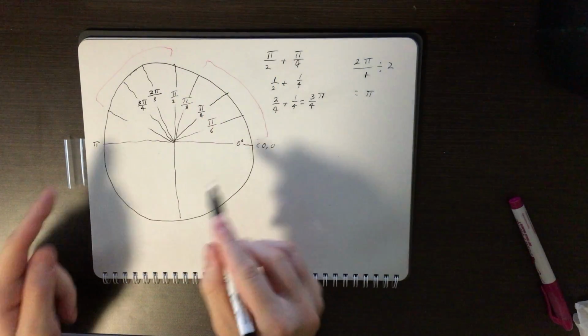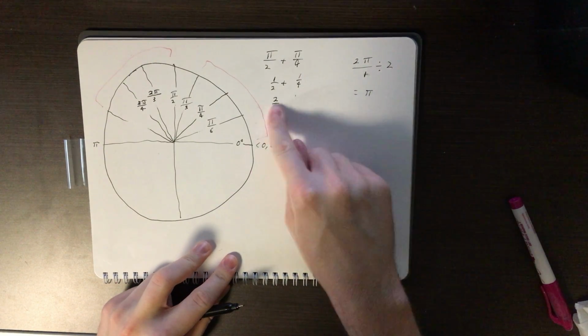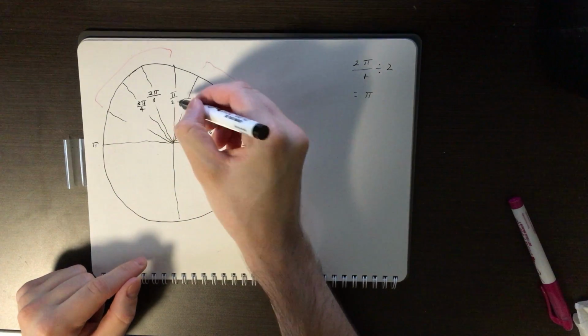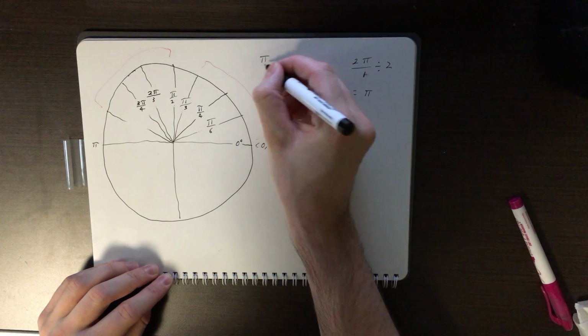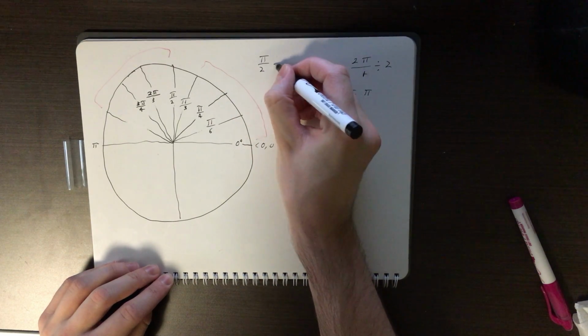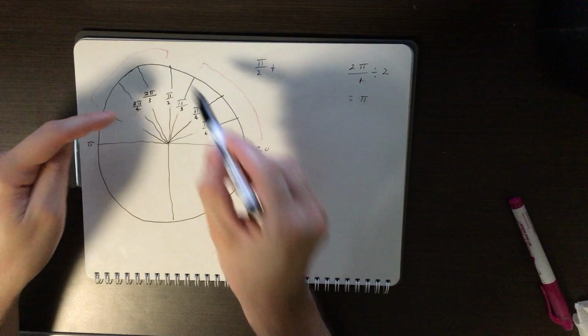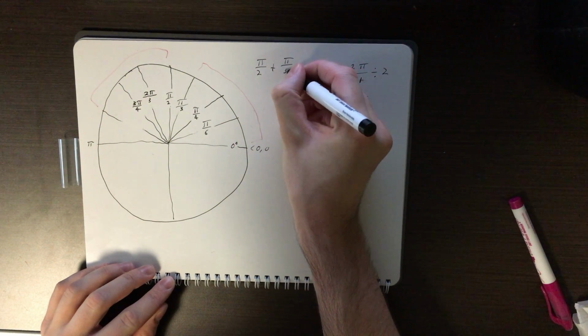I know visually it might not look the same because of how I drew it, but just assume it is. Now we can say pi over 2 again, plus this distance, which is this one right here, so pi over 3.